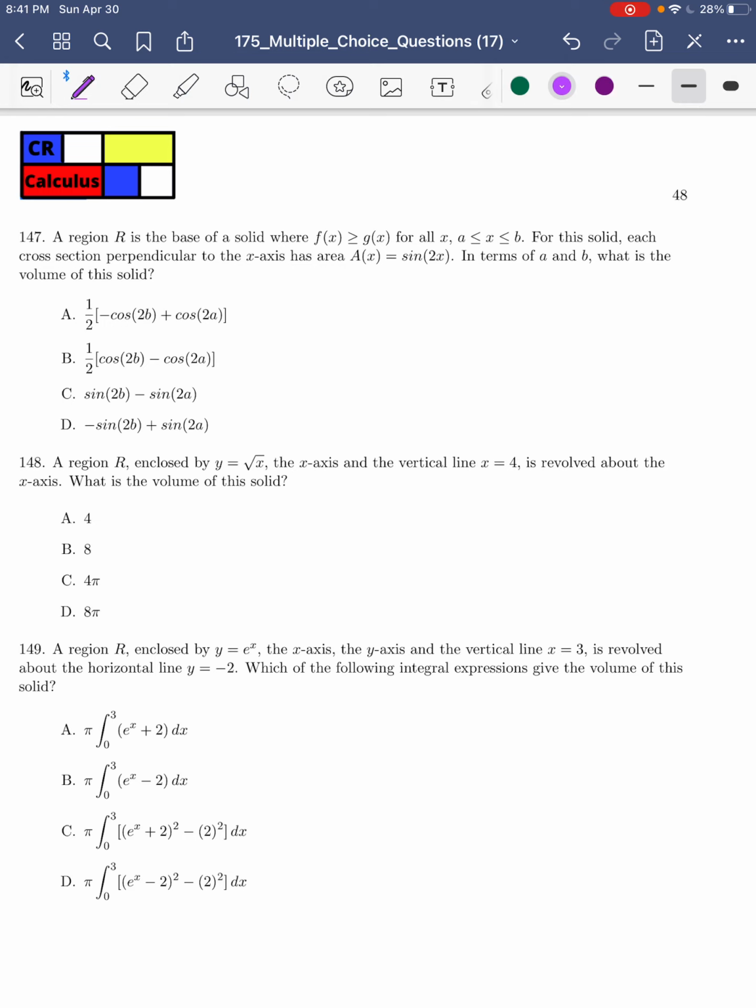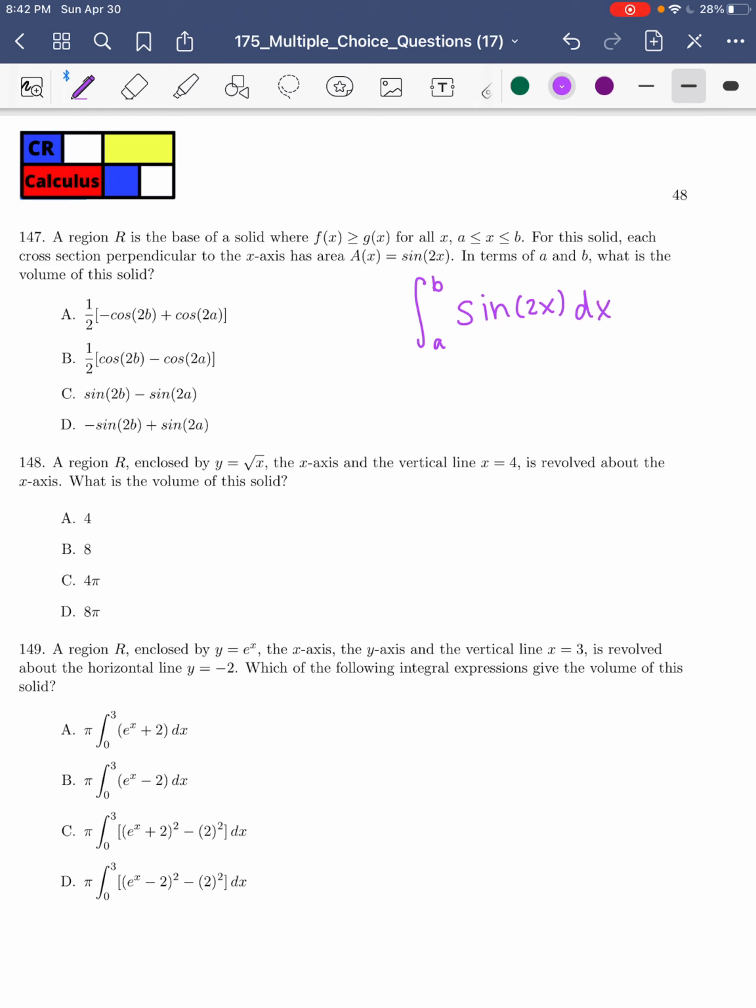All right, 147. This one, they tell us that it's going from A to B. Then they just tell us our area is sine of 2x.